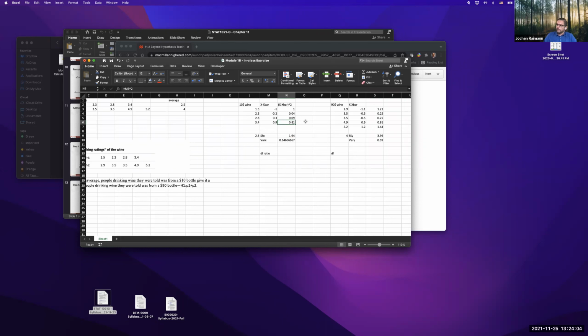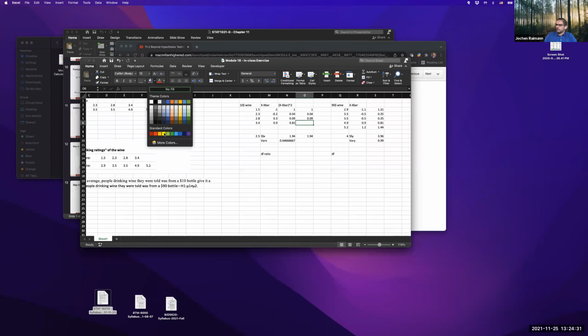Let's say the following: we only have the sum of squares of 1.94 given. We can calculate this one just knowing the degrees of freedom, which is here 1, 2, 3, and the sum of squares, correct?